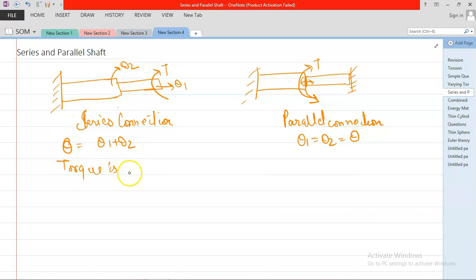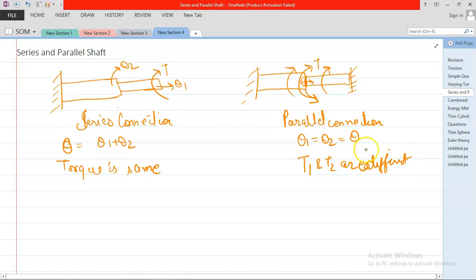Now here the torque is the same, there the torque is different, meaning it is distributed in between. Suppose I apply T, now T1 goes here, T2 goes here to produce the same angle deformation. So T1 and T2 are different. So this is the difference between series and parallel connections. So I am going with a question you will easily understand.